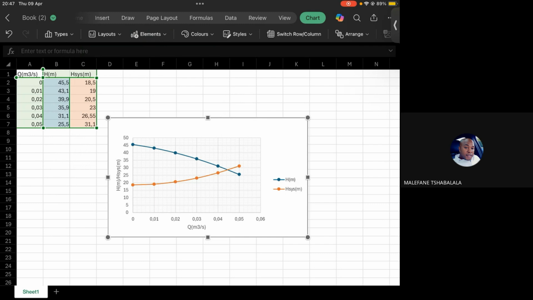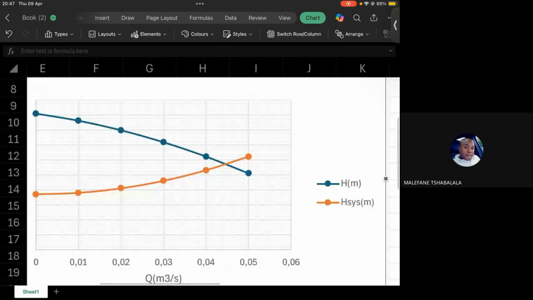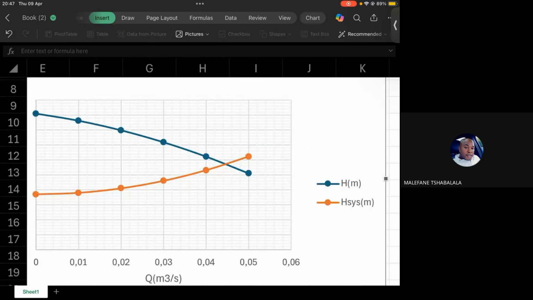So in this case, our working point is somewhere here.